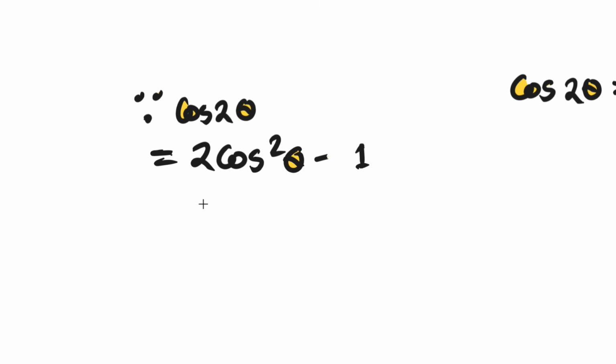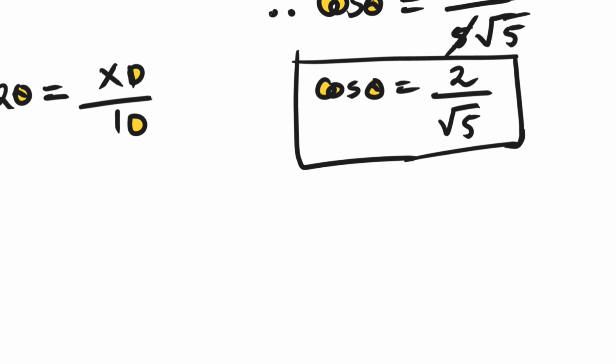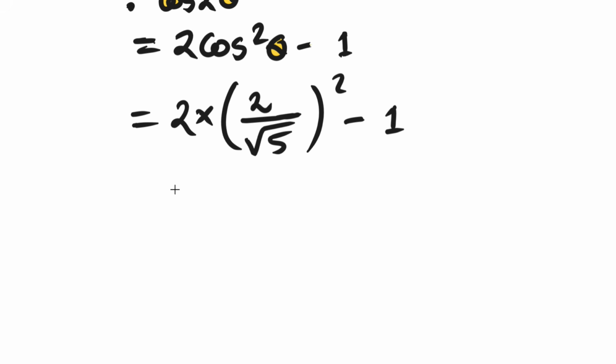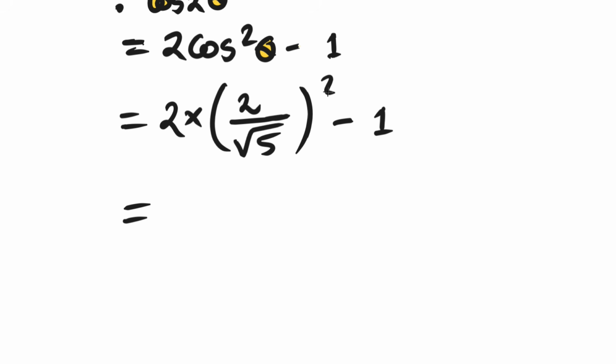So now we substitute that value directly into the double angle formula. We get cosine 2 theta equals 2 multiplied by the quantity, 2 divided by the square root of 5, all squared, minus 1. Now, let's simplify carefully.